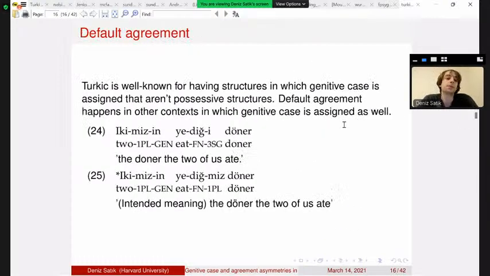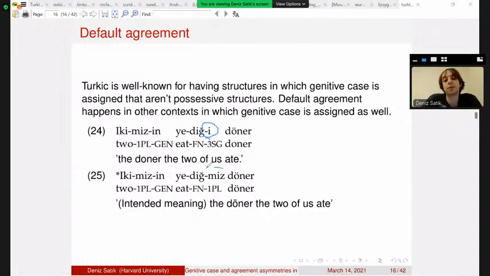So moving on. The Turkic languages are very well known in the literature for having many structures in which genitive case is assigned that aren't possessive structures. So default agreement also happens in other contexts in which genitive case is assigned. So, ikimizin yediği döner, the döner the two of us ate, completely fine. There's default agreement here, third person singular agreement on the noun of the relative clause.